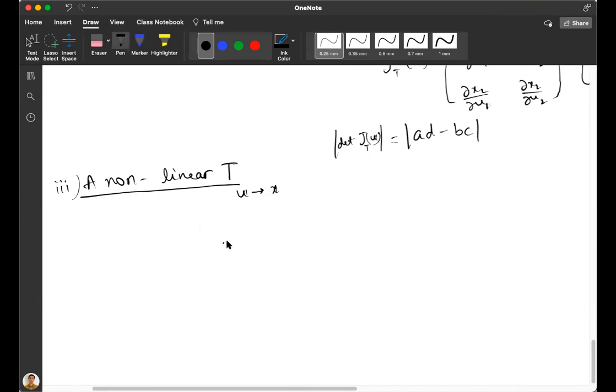So let's say my X1 is equal to U1. That's it. And my X2 now is U2 times some scaling factor, which is a function of U1, plus some shift factor or bias factor, which is again a function of U1.